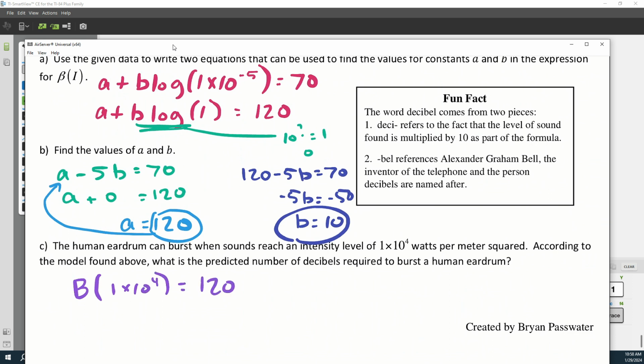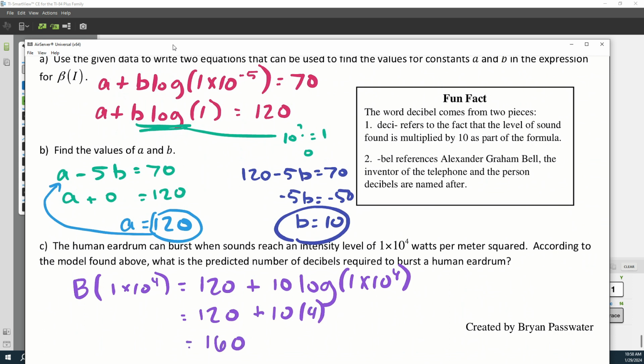So 120 goes in for A, 10 goes in for B. It's going to be log of 1 times 10 to the fourth. Log of 1 times 10 to the fourth is just going to be 4. And 120 plus 40 is 160 decibels.